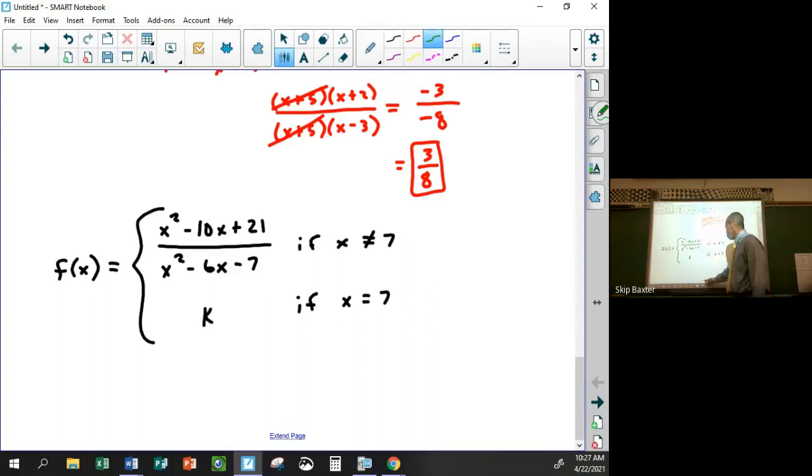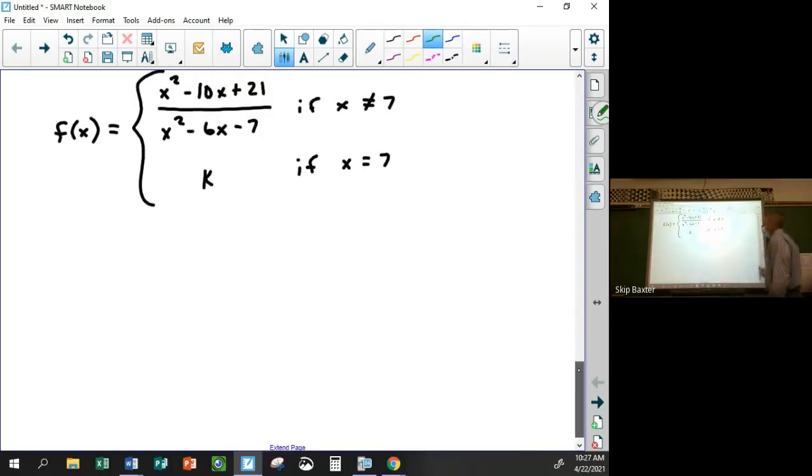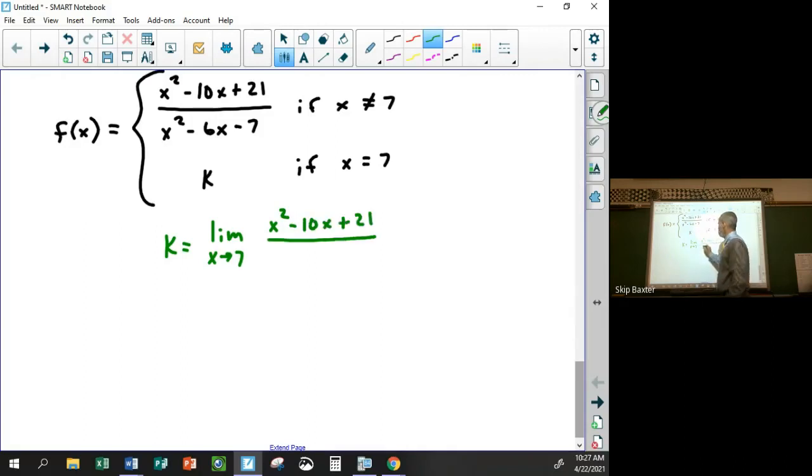So same exact type of problem. K has to equal the limit as x goes to 7 of x squared minus 10x plus 21 over x squared minus 6x minus 7.